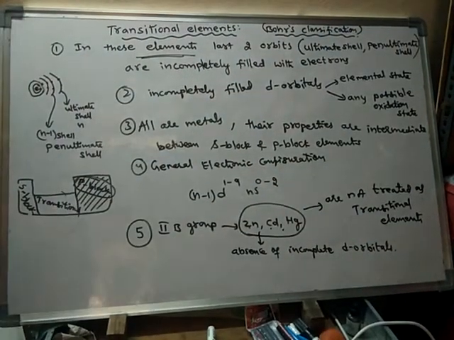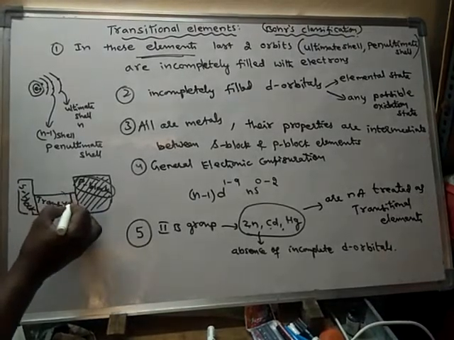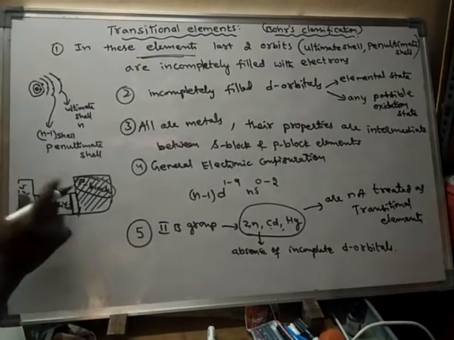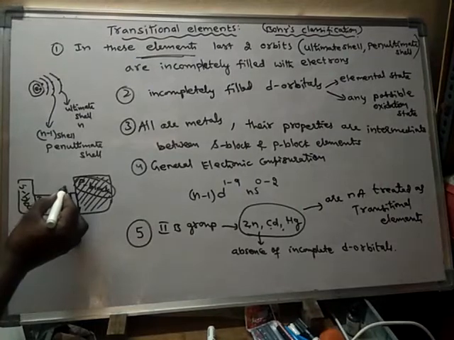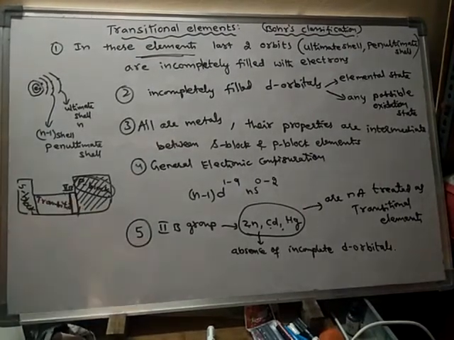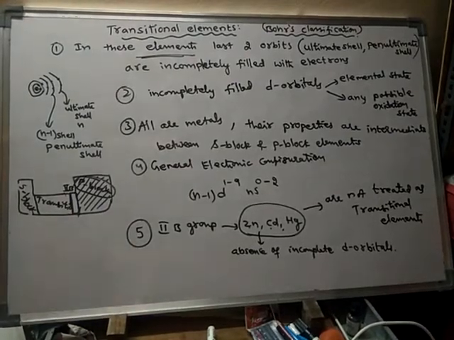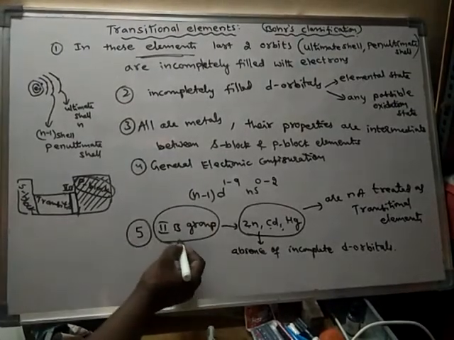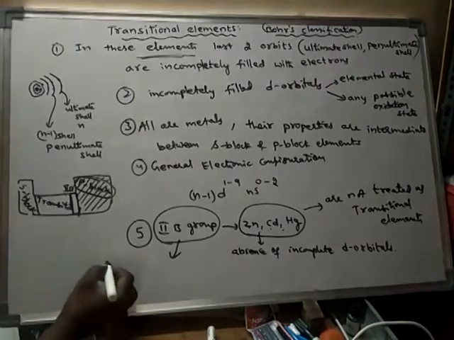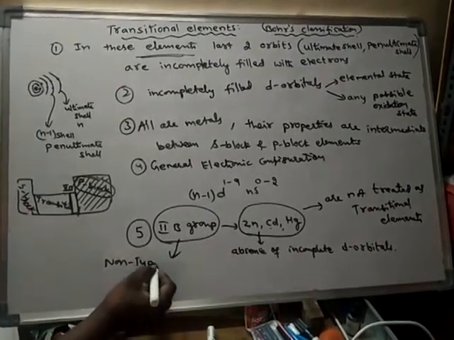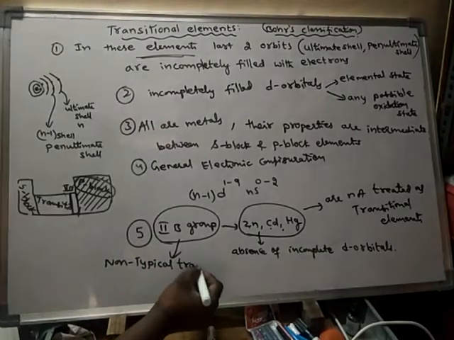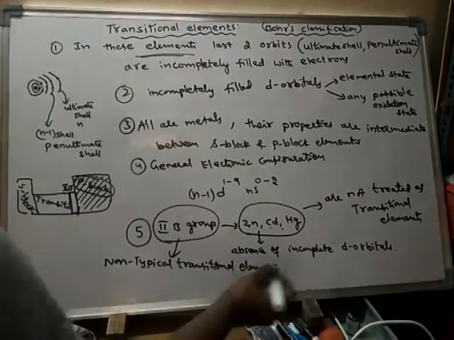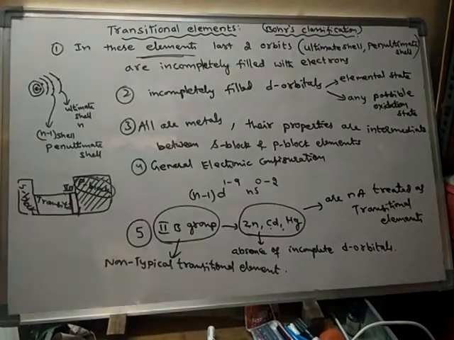Second B group elements are present at the end of the middle portion. The end group of the middle portion is nothing but second B. These elements are said to be non-typical transitional elements, as they are not treated as transitional elements.